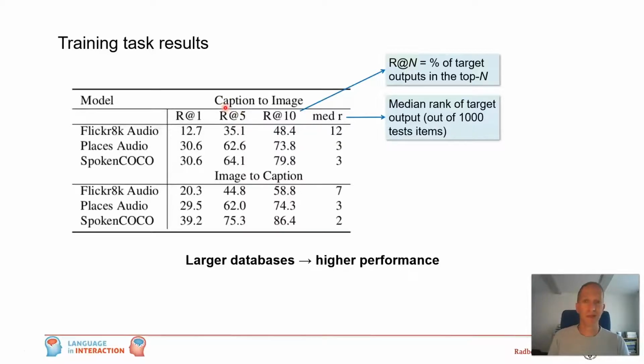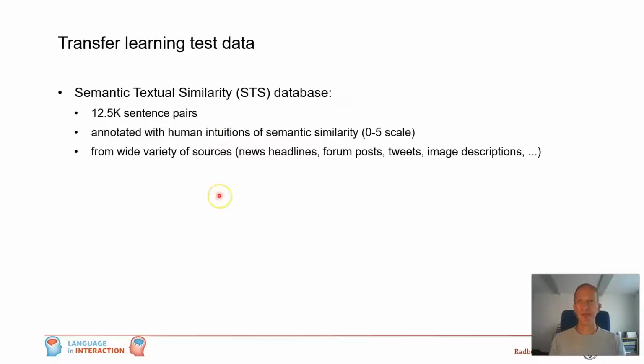So how about the transfer task? What we're interested in is the meaning of sentences. Do people score semantic similarities between sentences similarly to what the model does? For this we take the so-called semantic textual similarity database, which is 12,500 sentence pairs that have been annotated by human judgments of how semantically similar these sentences are.